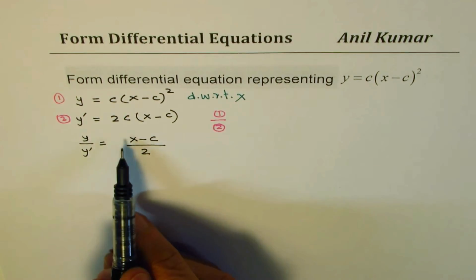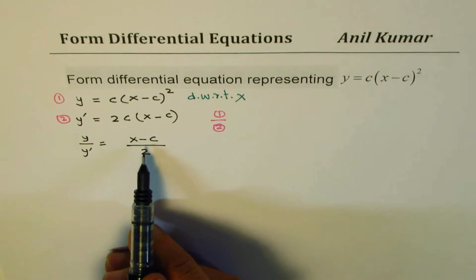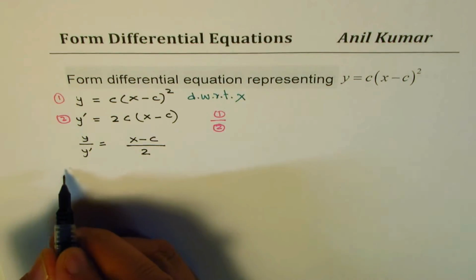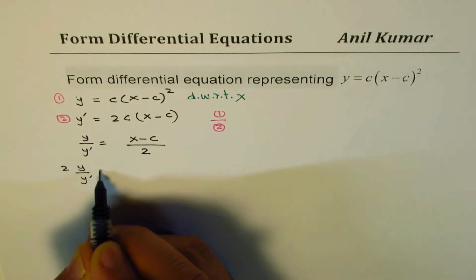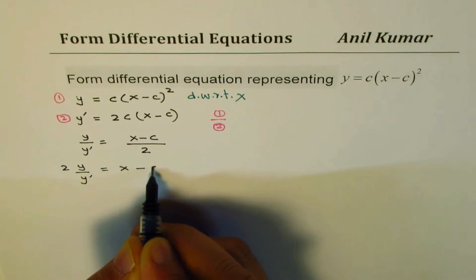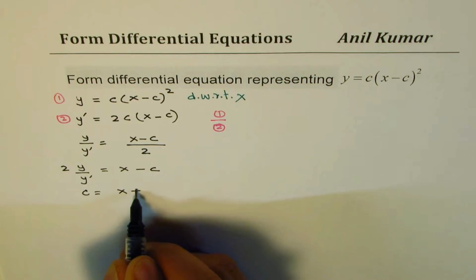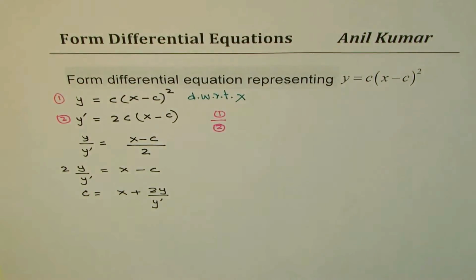Now from this equation we can isolate c. That's the whole idea. So we can cross multiply. If I cross multiply, I get 2 times y over y prime equals x minus c, or we get c equals x minus 2y over y prime. Correct?